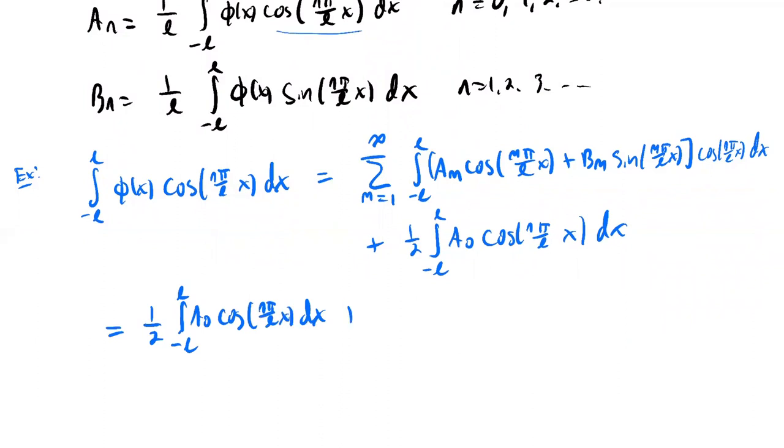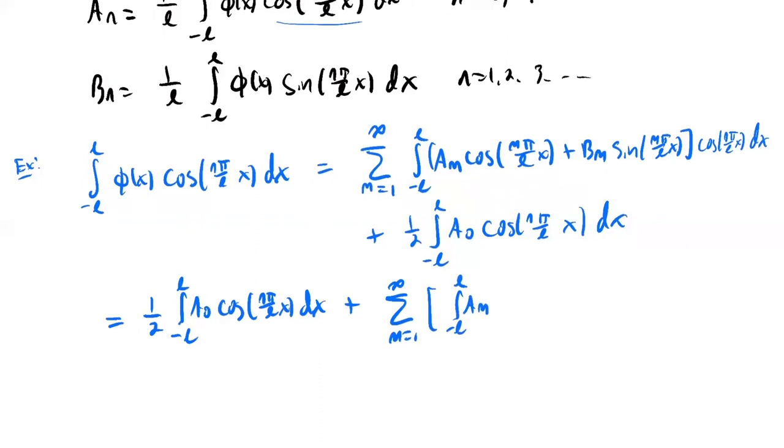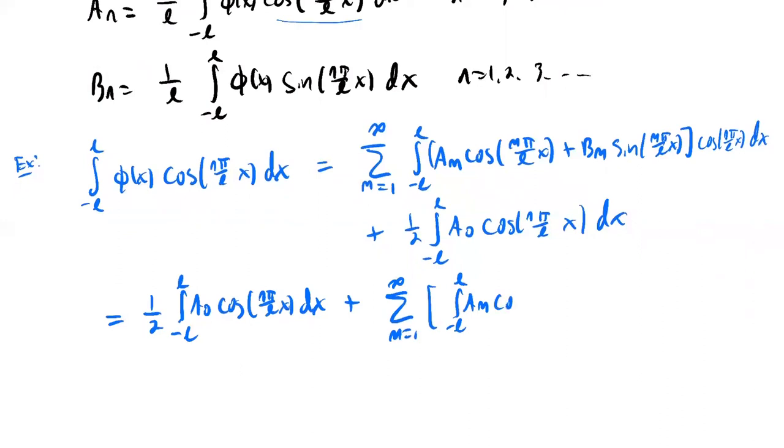And then I'm left with this sum, m equals 1 to infinity. This integral is going to break up into two pieces. So I have the integral from minus L to L of a_m times cosine of m pi over L x times, well, let's distribute, cosine of n pi over L x dx.